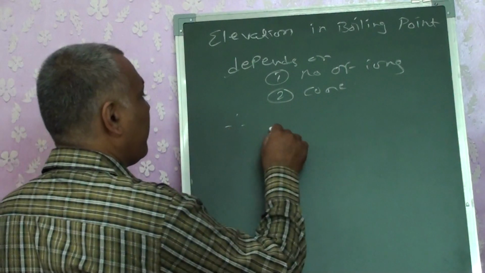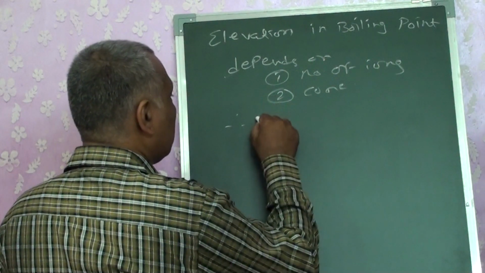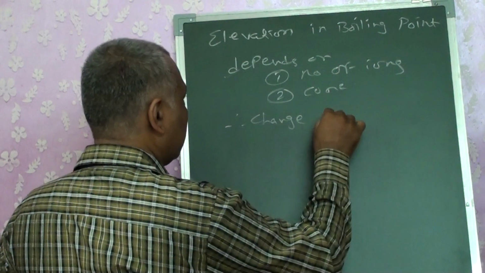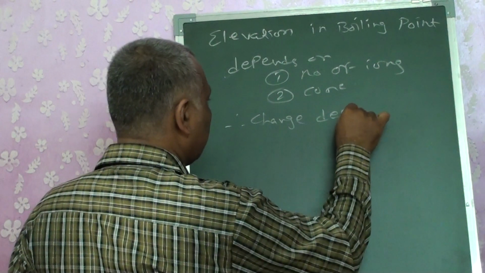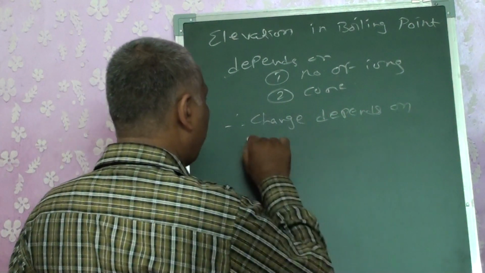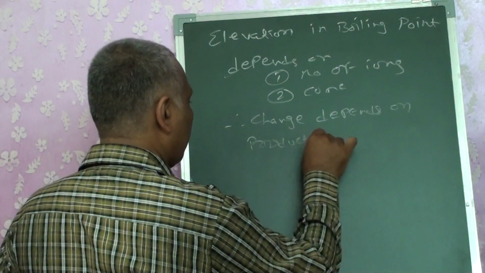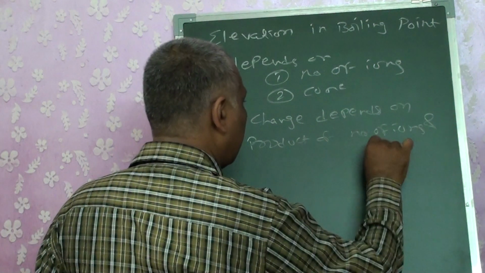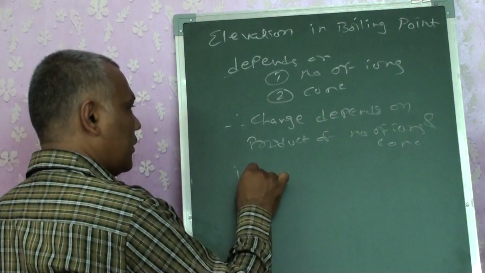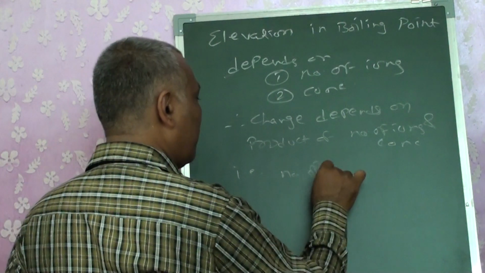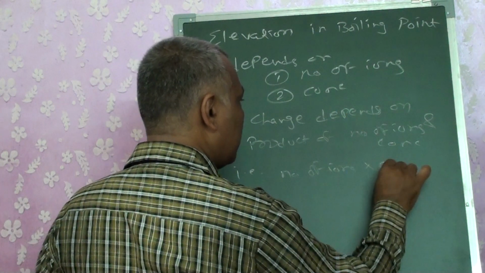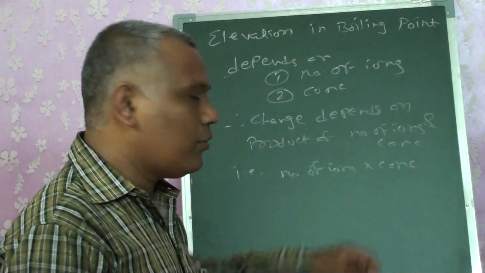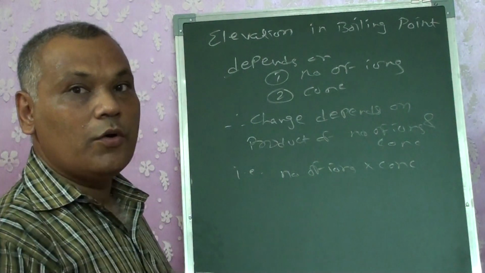And therefore, the change depends on the product of number of ions and concentration, that is, number of ions into concentration. The one having the higher value has a higher elevation in boiling point.